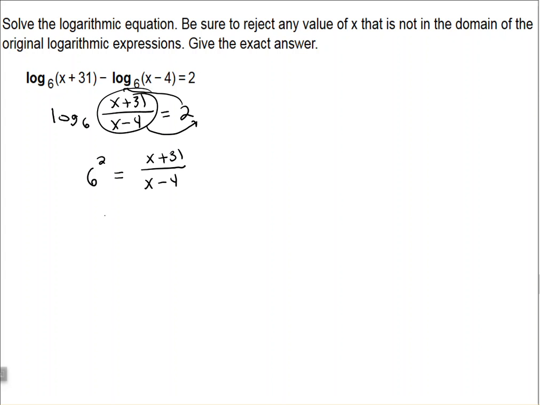Okay, so we have 36 equals x plus 31 over x minus 4, and I need to solve this equation for x. So I want to remove the x minus 4 out of my denominator, so I need to multiply both sides by x minus 4.